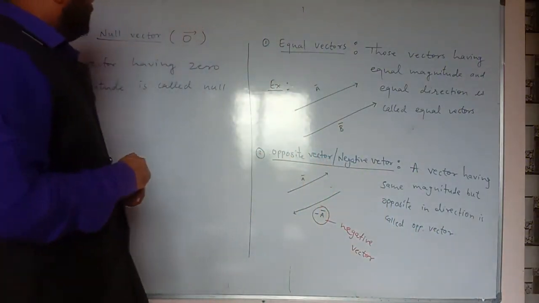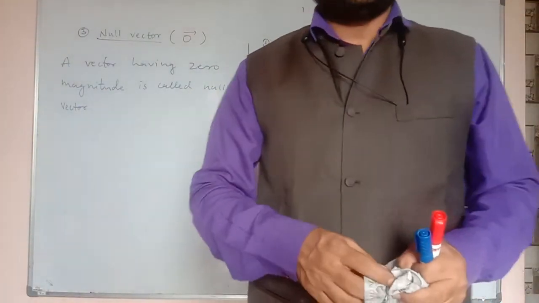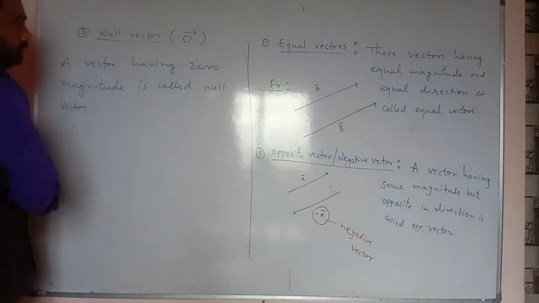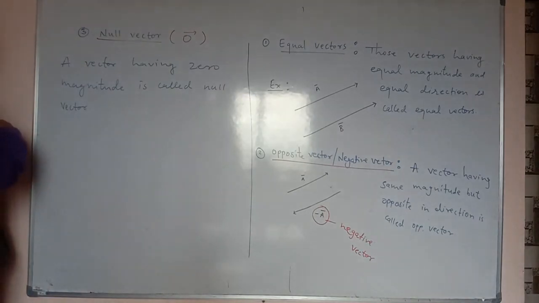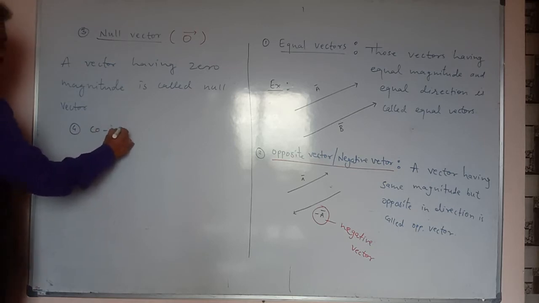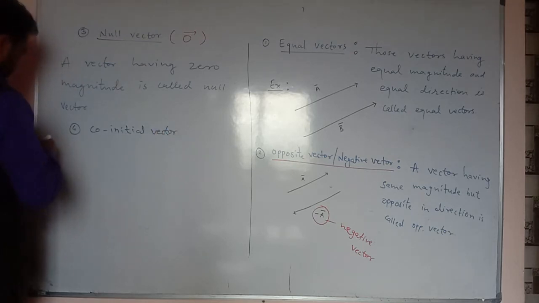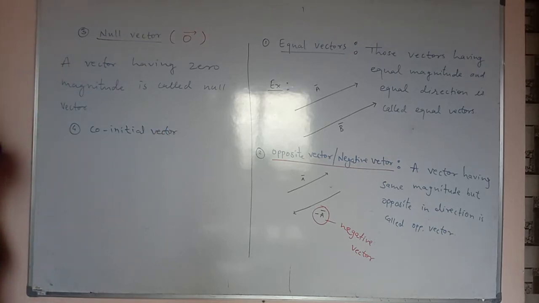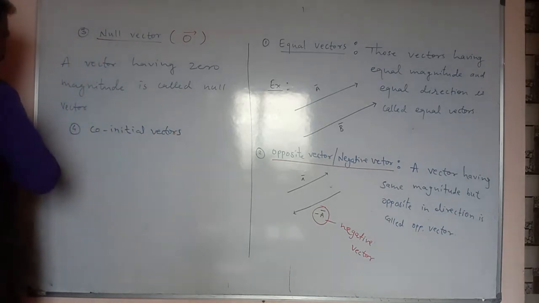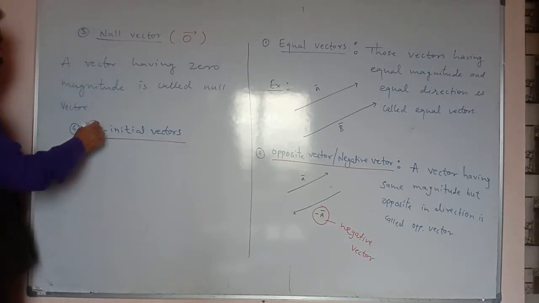So for that purpose, we are discussing the next vector, that is co-initial vectors. Co means what, two.